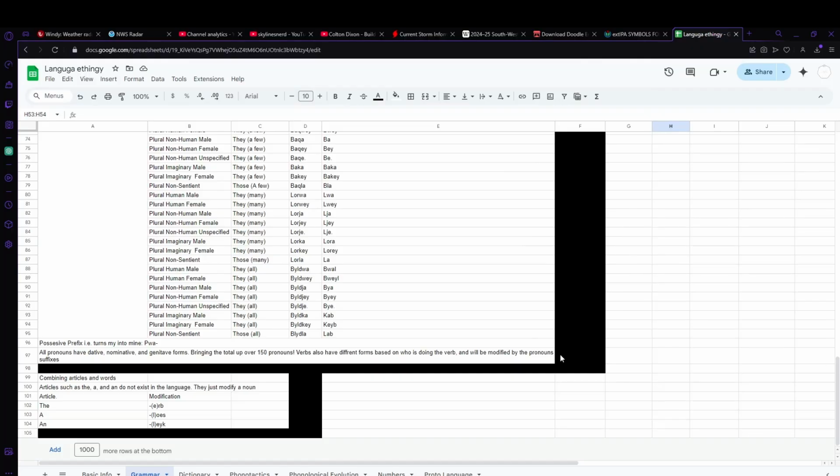Now, the second to last thing is combining articles and words. See, some languages don't have words for the, and a. What they have instead, they just throw those on to the end of other words. So we have the suffix erb, a suffix les, and a suffix lake.